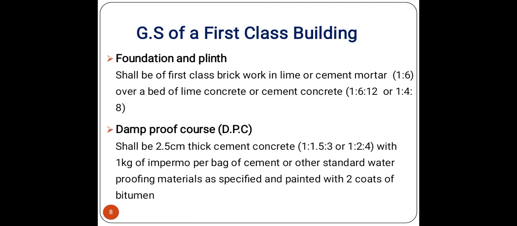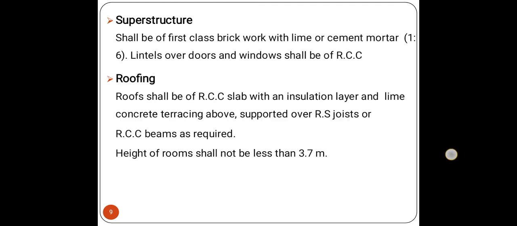Then for a damp proof course or DPC, it should be 2.5 centimeter thick cement concrete 1:1.5:3 or 1:2:4 with 1 kg of impermo per bag of cement and other standard waterproofing materials as specified, and painted with 2 coats of bitumen.